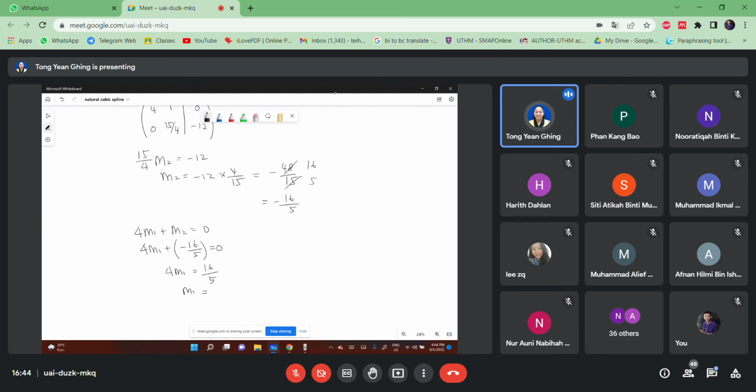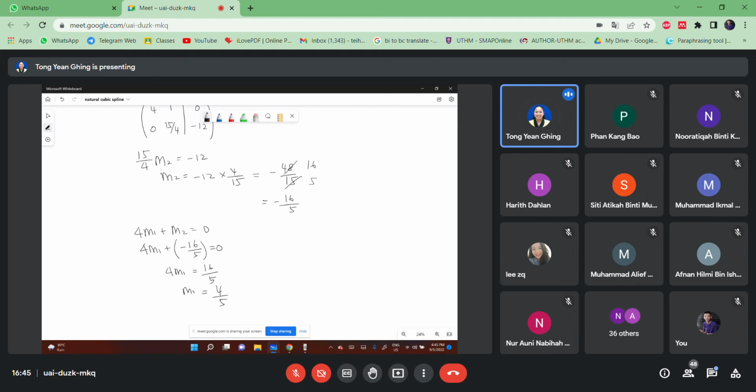M1 equal to 16 over 5 times 1 over 4, which is 4 over 5. Now we already get M0 is 0, M1 is 4 over 5, M2 is negative 16 over 5, and M3 is 0.